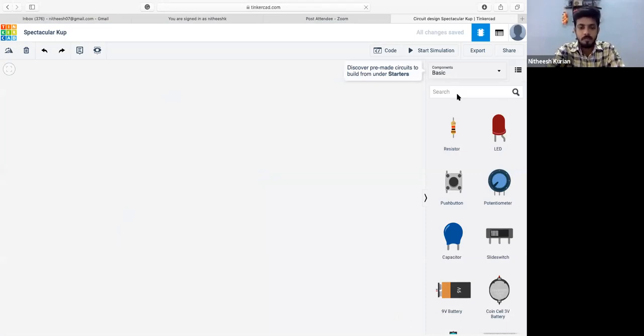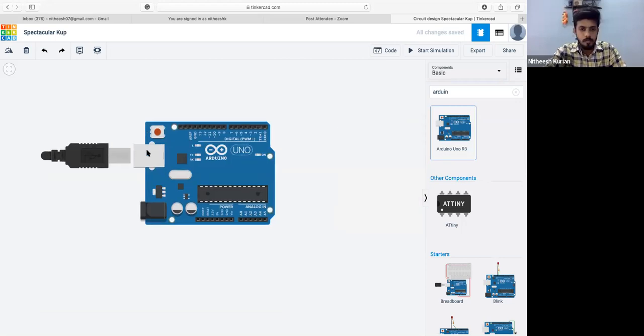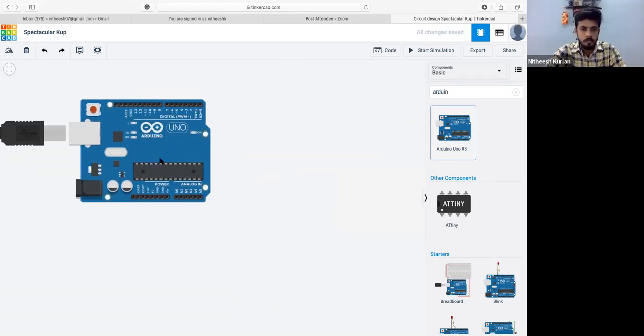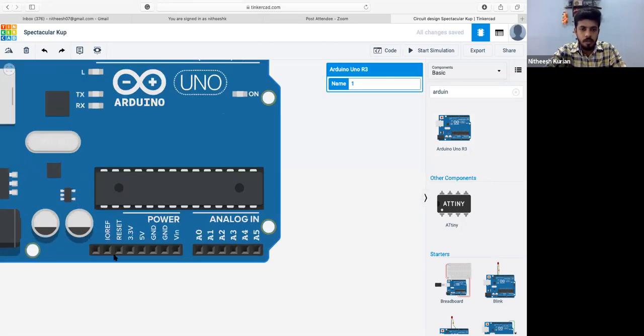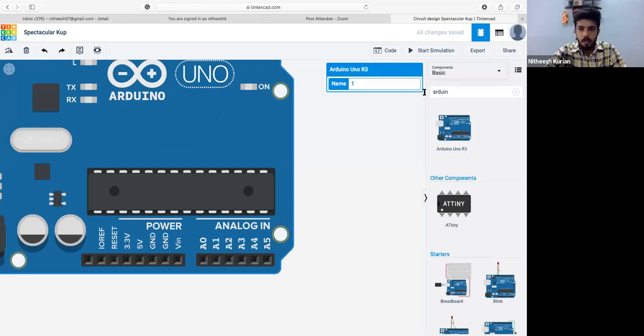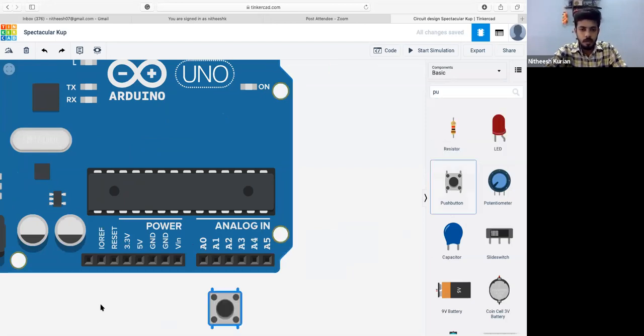Okay, let me try that. First, I will take an Arduino Uno R3. Okay, let me put it here. This is our reset pin. So I will take a push button. This is the push button.